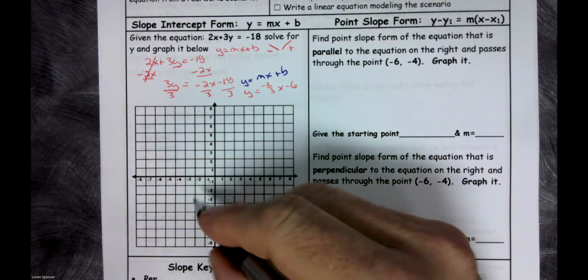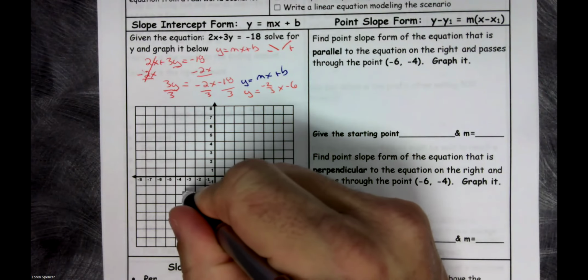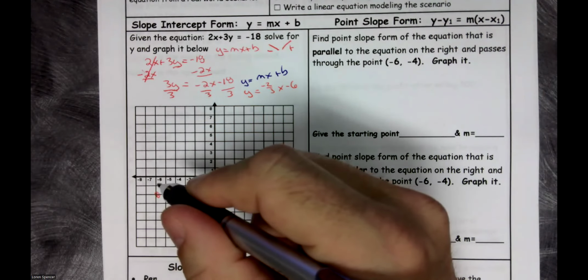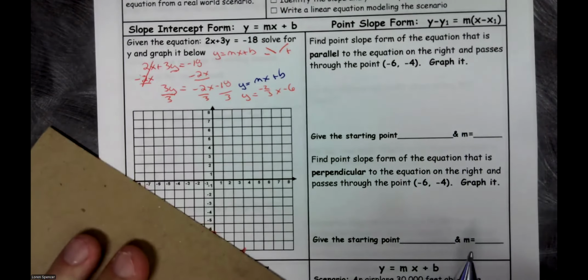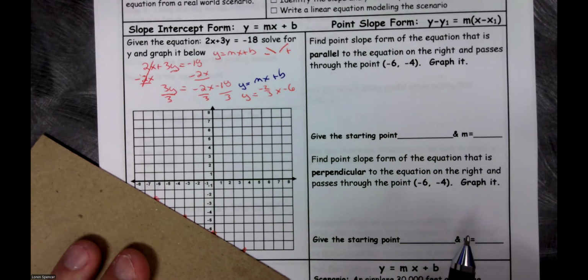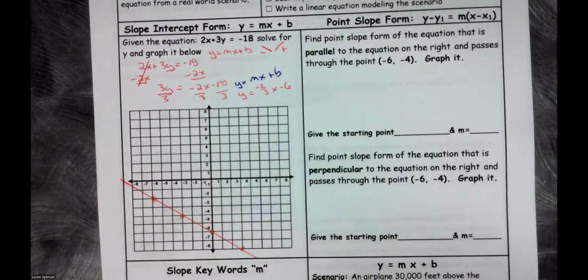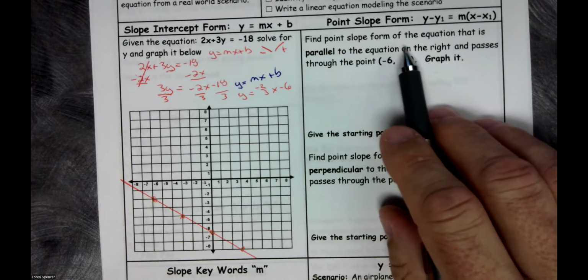So we need a downward slope and up 2 and over 3 this way. All right, at this point, we need a straight edge to draw a straight line. And there we go.